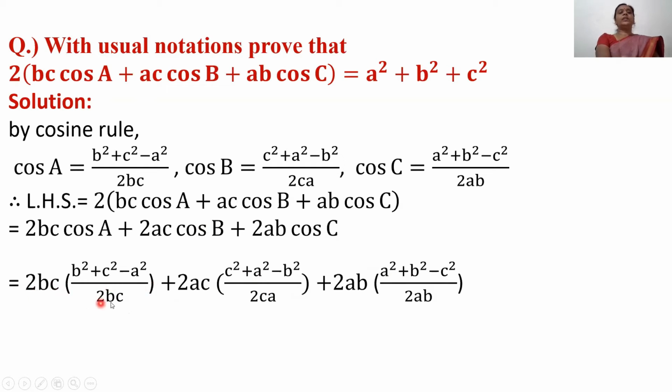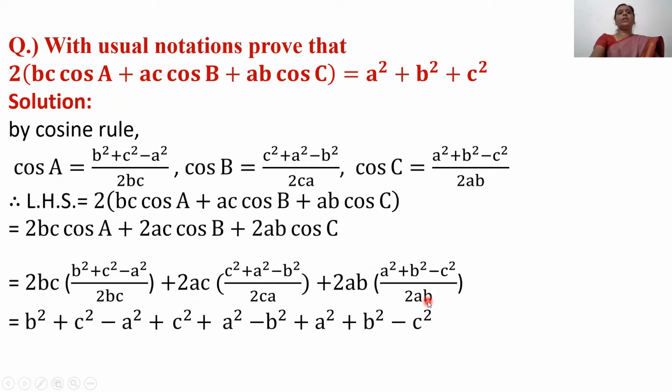Now see here, this 2BC gets cancelled with this 2BC, this 2AC gets cancelled with this 2AC, and this 2AB gets cancelled with this 2AB. And what remains in the next step? This B square plus C square minus A square plus this C square plus A square minus B square plus this A square plus B square minus C square. And what happens here?